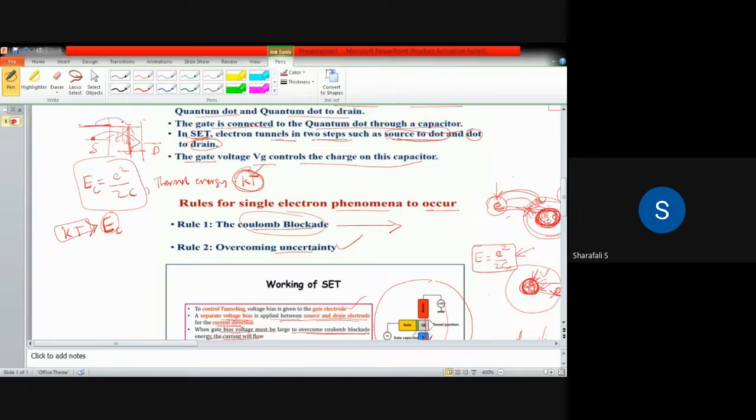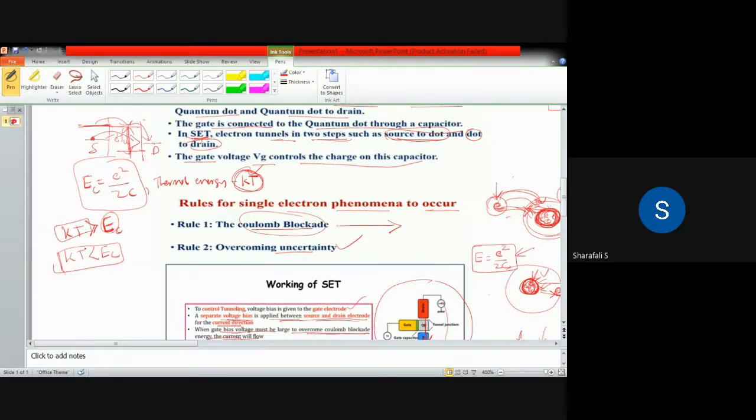Then the electrons can directly go from here and reach the drain side. So we cannot control that electron. If you want to control that electron by adjusting the gate voltage, this kT must be less than EC. So this is the condition: kT must be less than EC.